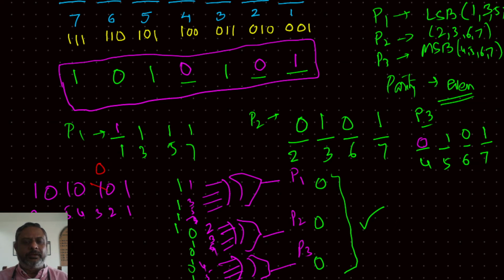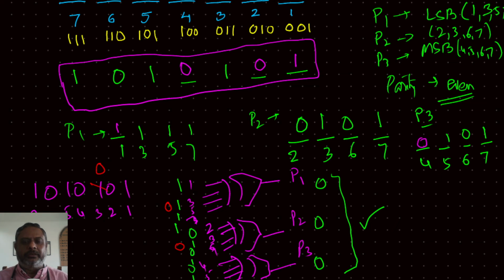Now assume that 1 bit of this we received wrongly, maybe P3. Instead of 0, we received a 1. So P3, it is 0 here instead of 1. There is no P3 here. Now what would happen is there is 1, 2, 3 ones.